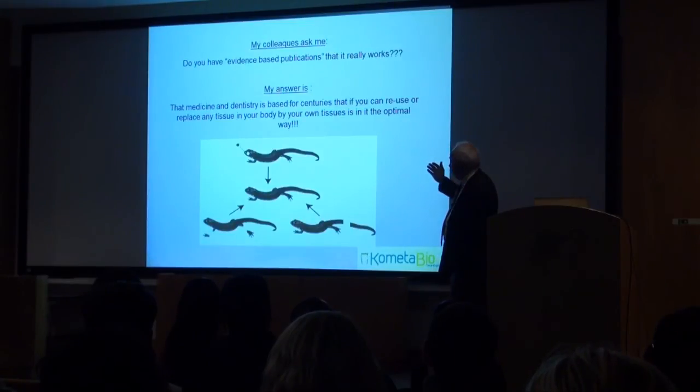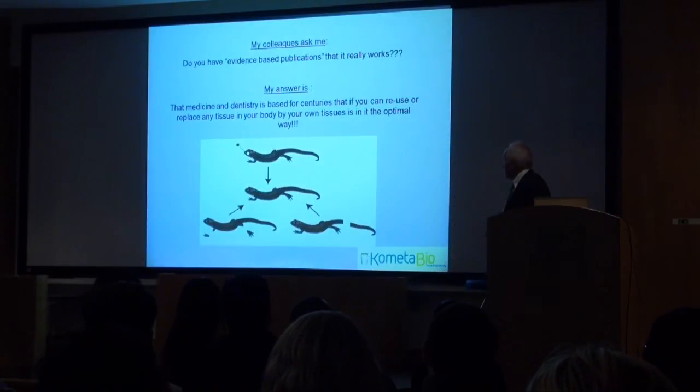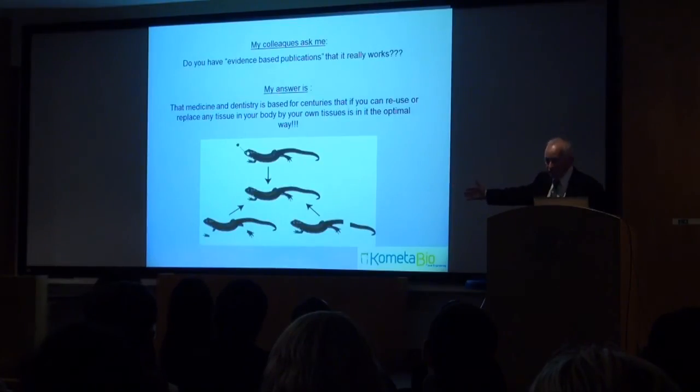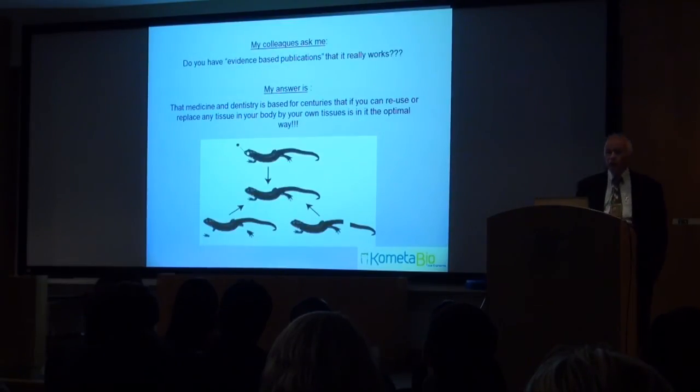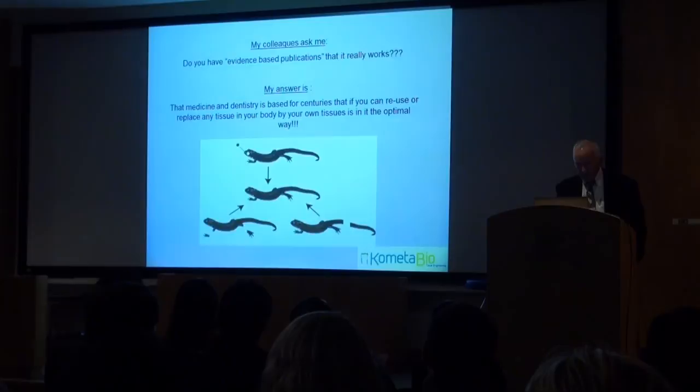And my answer is that medicine and dentistry are based for centuries on the idea that if you can reuse or replace any tissue in your body with your own tissues, it is the optimal way. I believe so. Well, we are not lizards, which regenerate. We have to work very hard because we can only do tissue engineering. We don't have regeneration of bone yet.